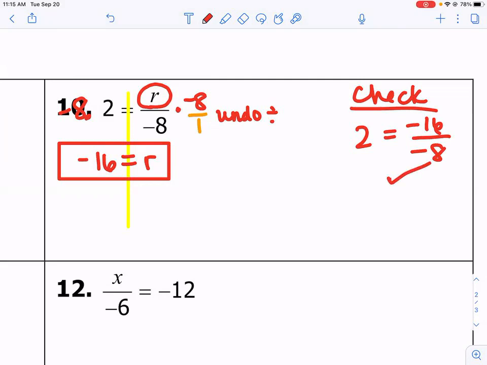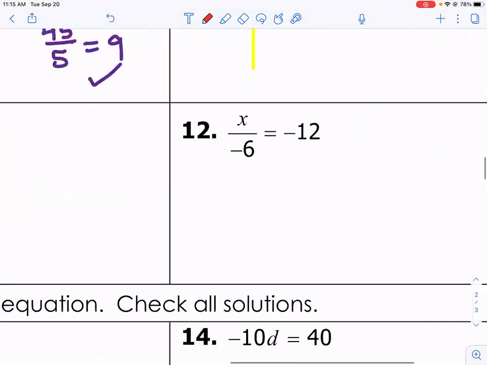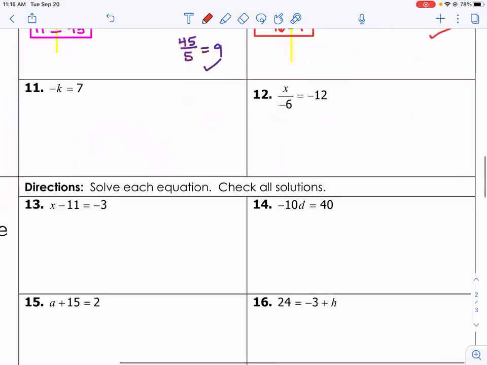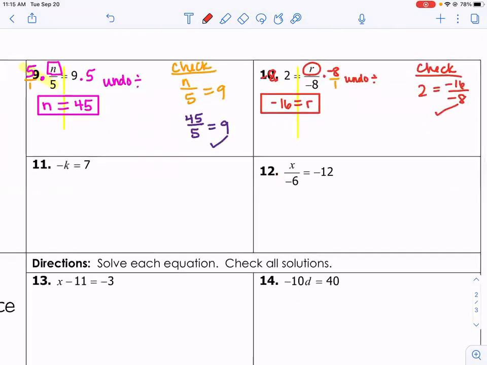All right, I'm going to give you about a minute or so for you and your elbow partner to work on number 11 and 12.